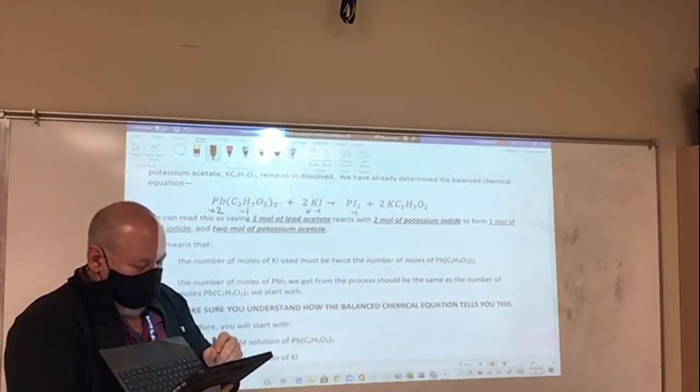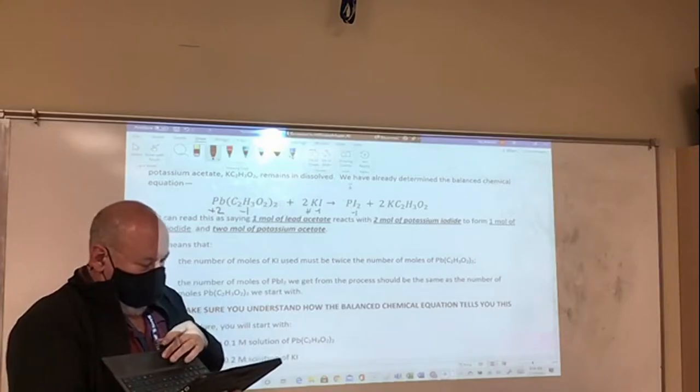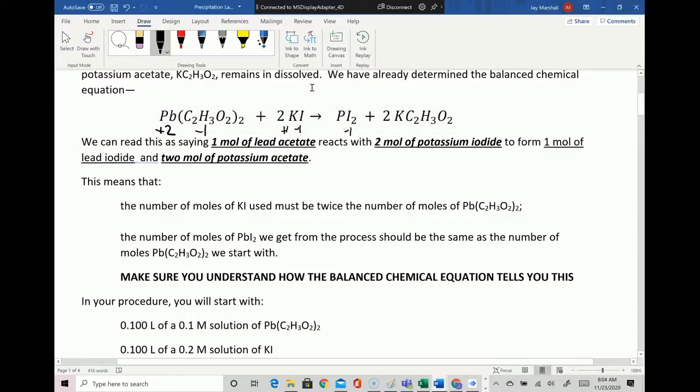That should be Pb, and that'll have, again, a 2+ charge. And then my potassium, again, has a +1 charge, and my acetate has a 1- charge.